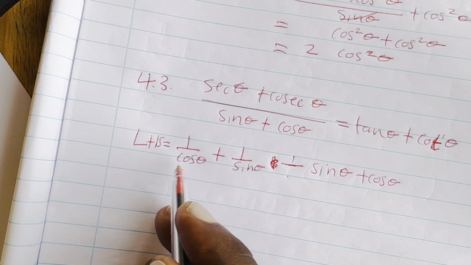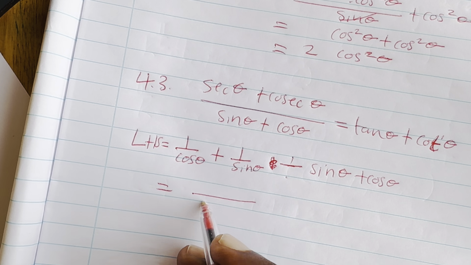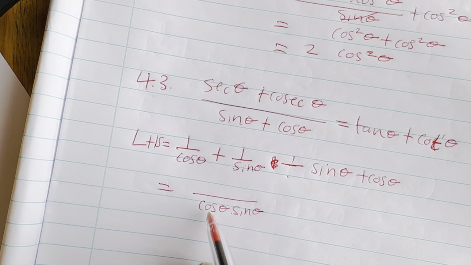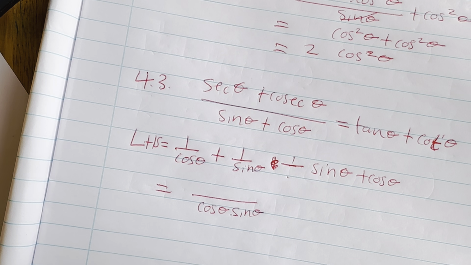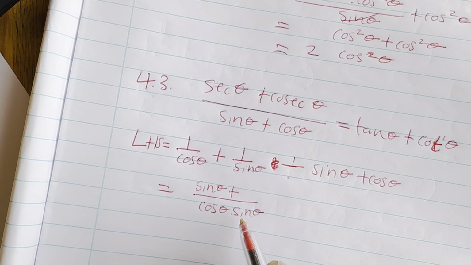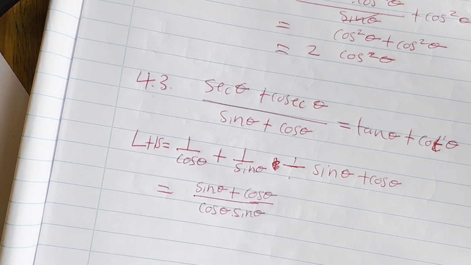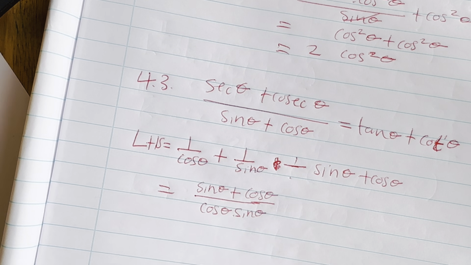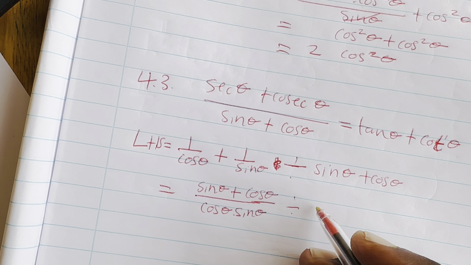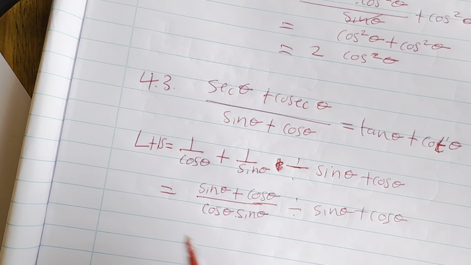Now we are going to have the lowest common denominator, which is cos of theta multiplied by sine of theta. So this side now, cos and cos will divide each other, will be left with sine of theta. Sine and sine will divide each other, will be left with cos of theta, divided by sine of theta plus cos of theta there.